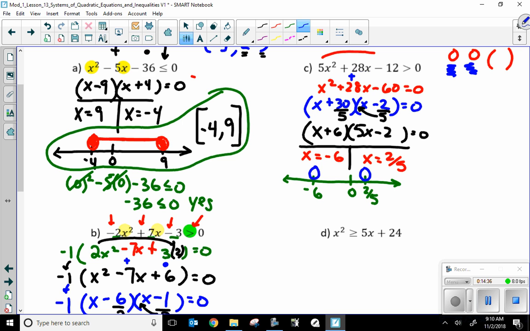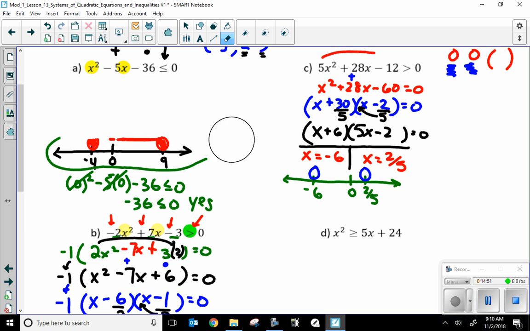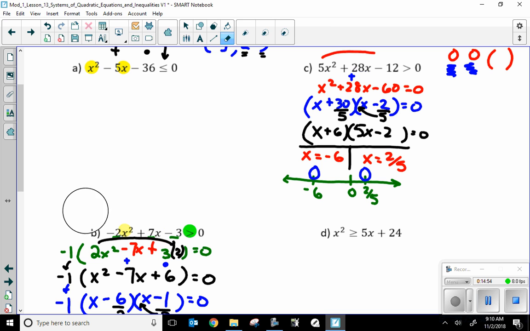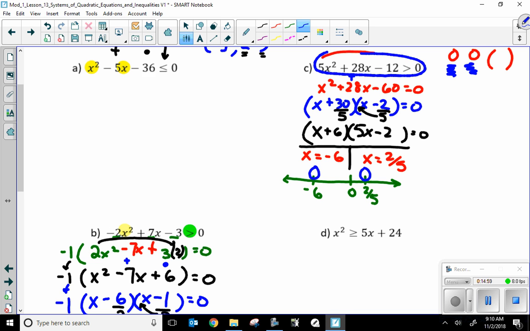All right. Now I'm going to take that 0 and I am going to put it into the equation and see if it works. I'd like some space down here, but I'm going to erase some of this. I'm going to do this over here for the sake of space. I'm using this inequality right here, and I'm going to plug in a 0. 5 times x, which is 0, squared, plus 28 times x, which is 0, minus 12 is greater than 0.